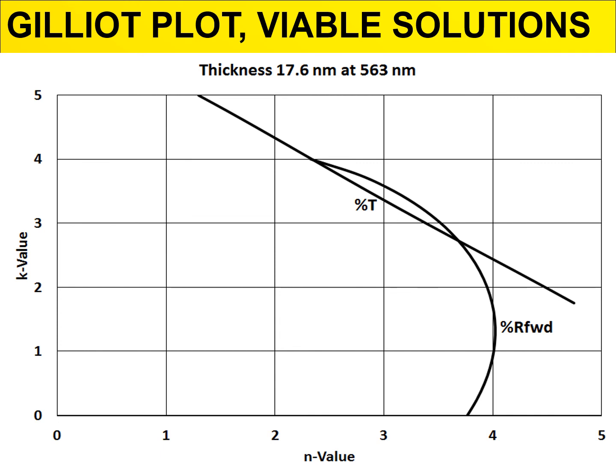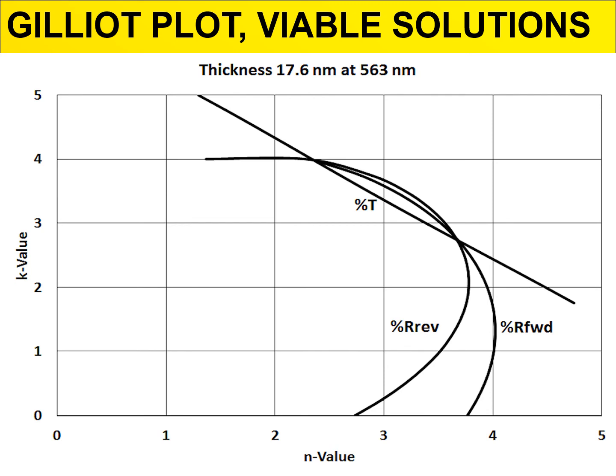And then I use the forward reflection and similarly generate a Gilliot table where I get the reflection as a function of N and K, and those overlap at 2 different points. So there are solutions at 2 different points, like the solution to the square root has 2 values. And then I use my third spectral curve to plot that.